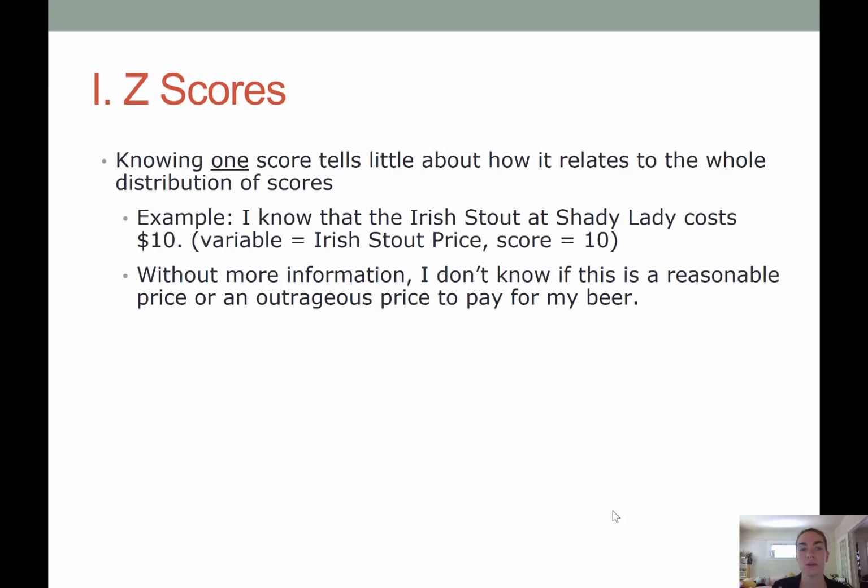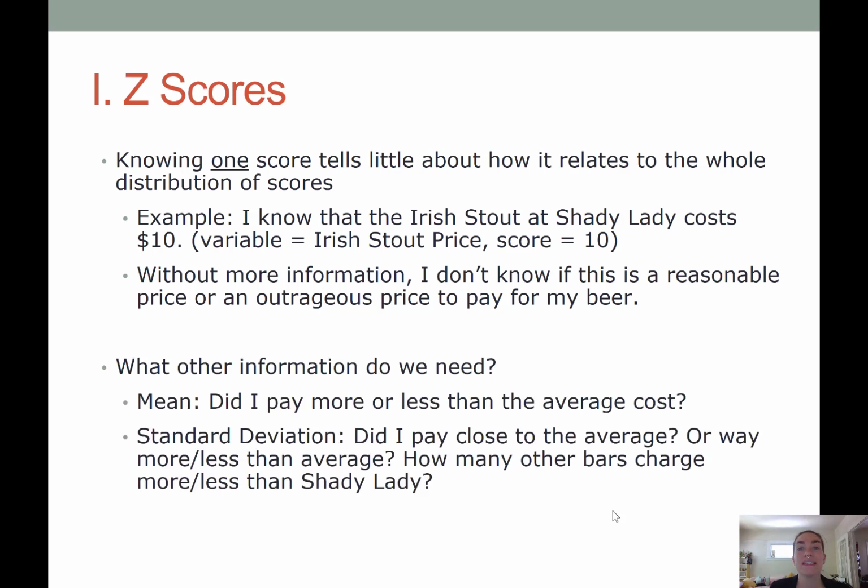I only know a single score. So without more information, I don't know whether this is a reasonable price or a pretty typical price, or if it's an outrageous price to pay for my beer. And that means it could be outrageously high or outrageously low. We might need some other information to determine the answer to this question.